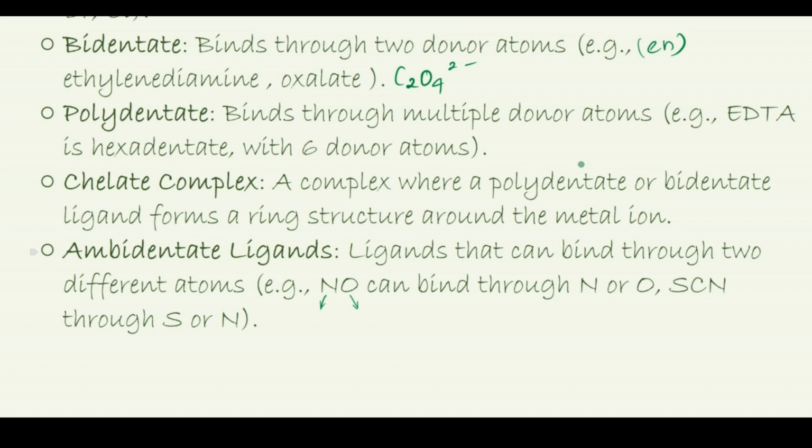Depending on which atom is donating, we will name it. Similarly, in the example SCN, sulfur can donate, nitrogen can also donate. So these are some ambidentate ligands, and you can take NO2 as an example also.